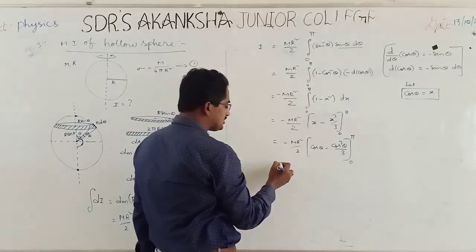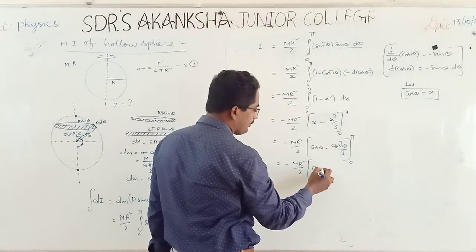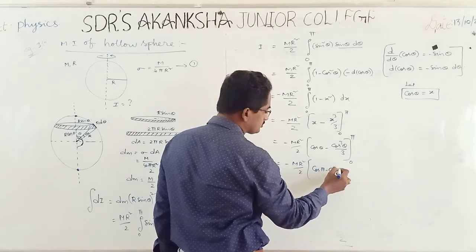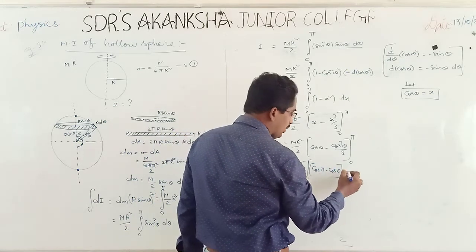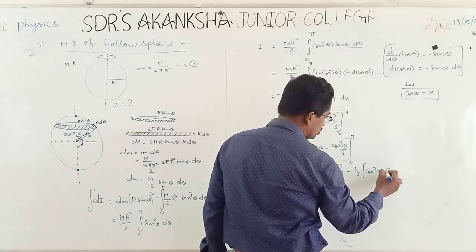Now you apply the limits. Minus M r square by 2 into cos pi minus cos 0, minus 1 by 3 into cos cube pi minus cos cube 0.